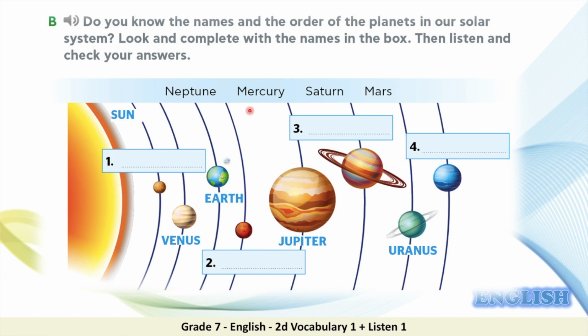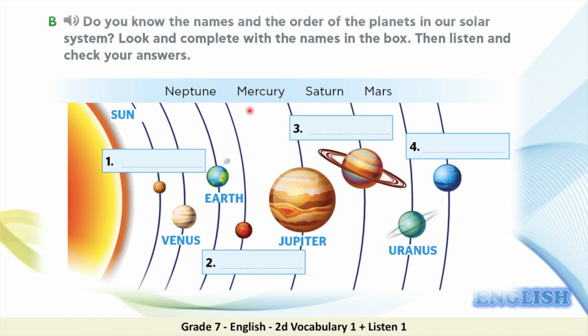Now, let's listen. B. Do you know the names and the order of the planets in our solar system? Look and complete with the names in the box. Then listen and check your answers.